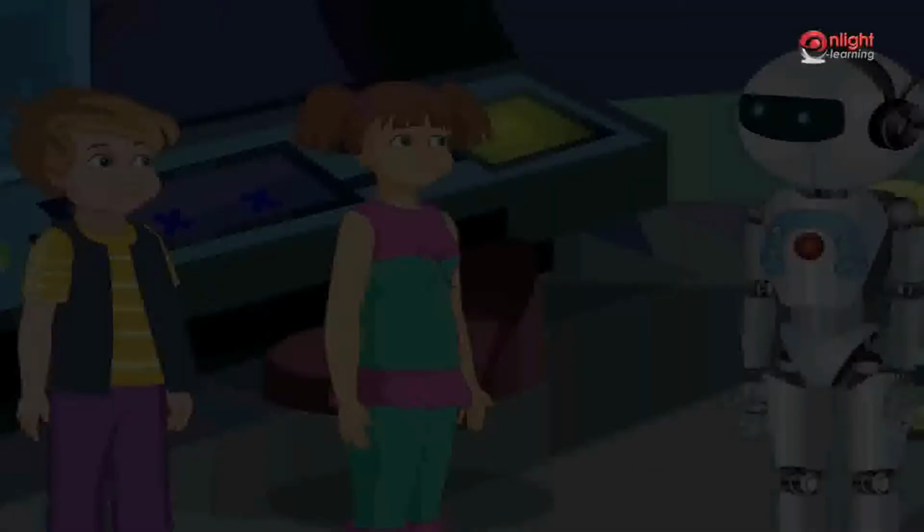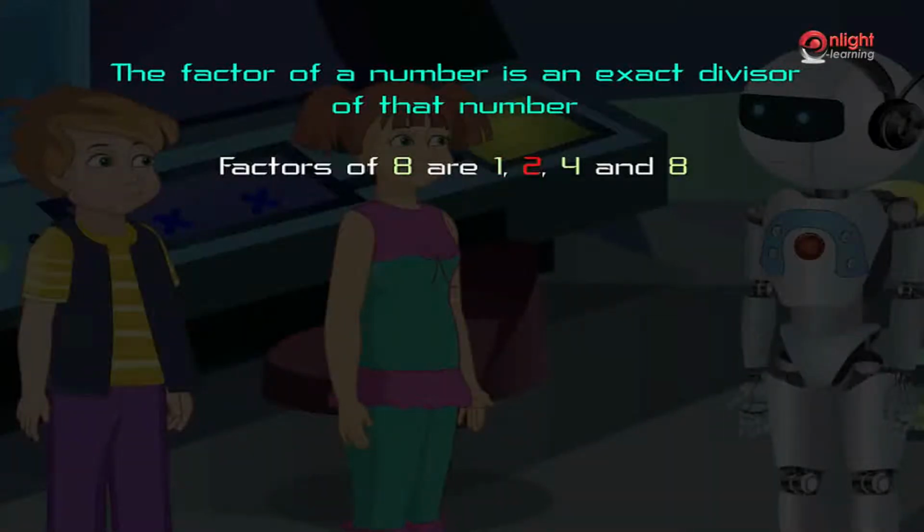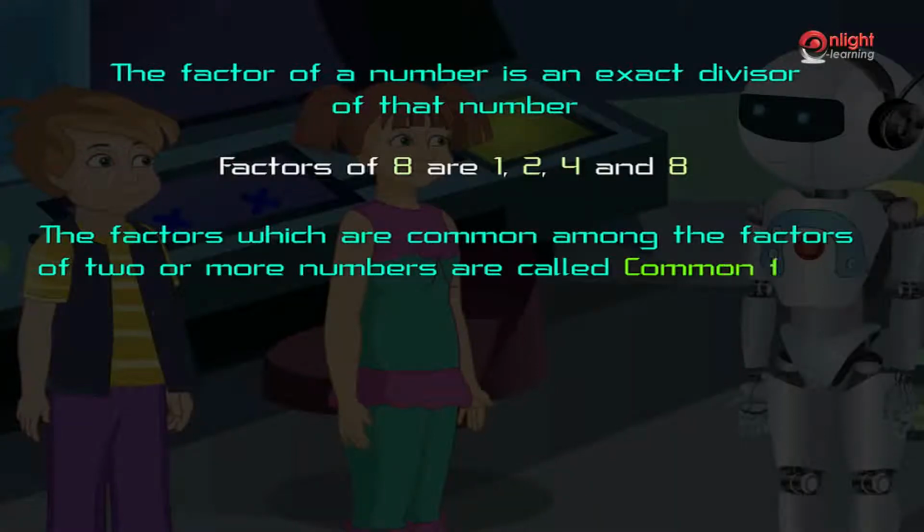For example, factors of 8 are 1, 2, 4, and 8 as 1, 2, 4 and 8 divides 8 exactly without leaving any remainder. In this lesson, we will look at the factors of more than one number taken at a time. The factors which are common among the factors of two or more numbers are called common factors.